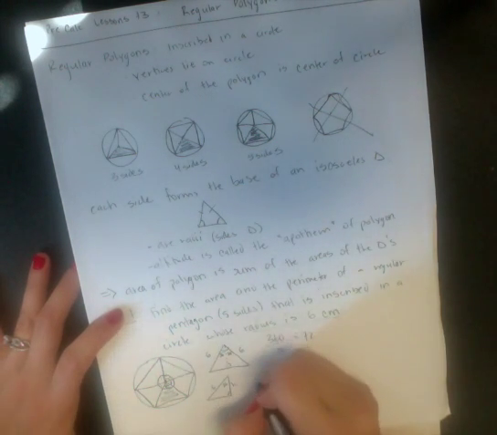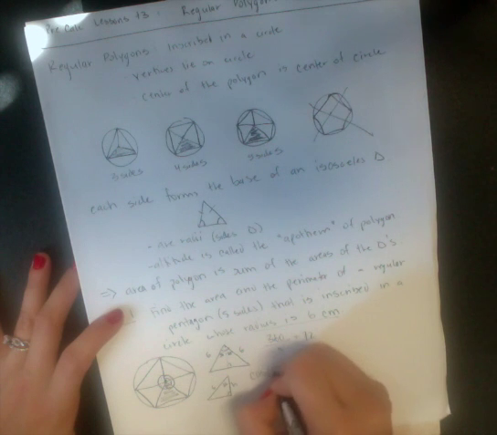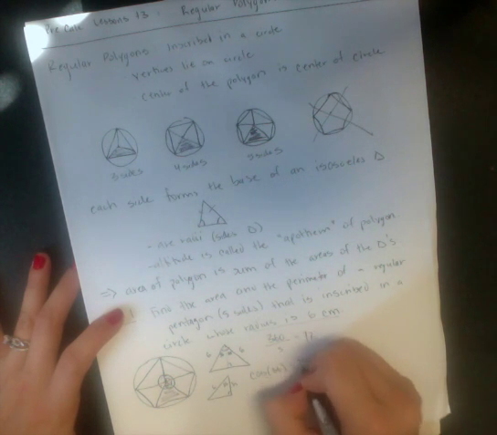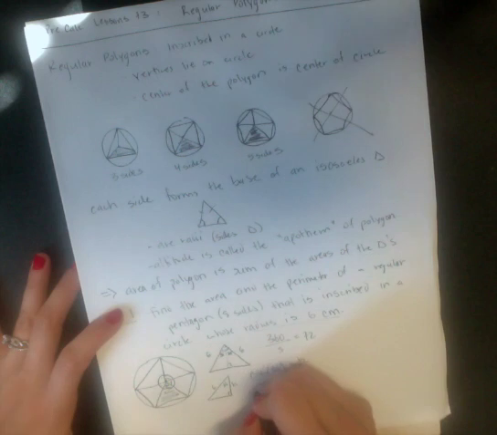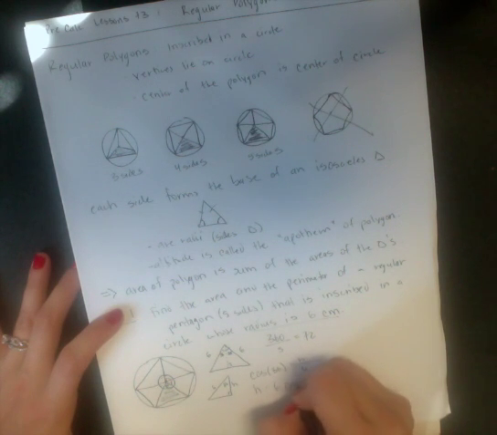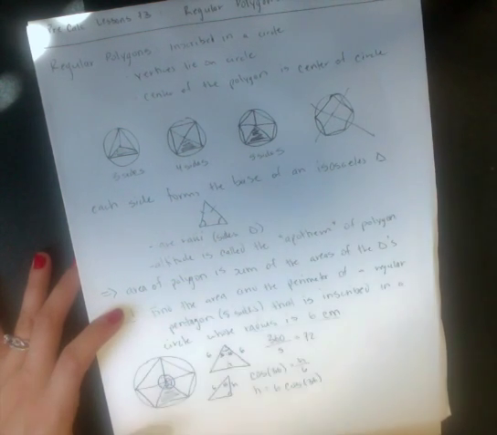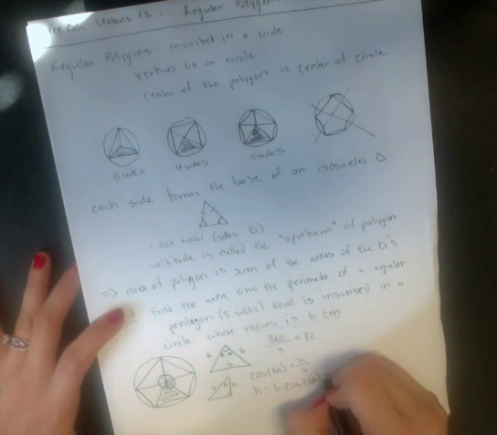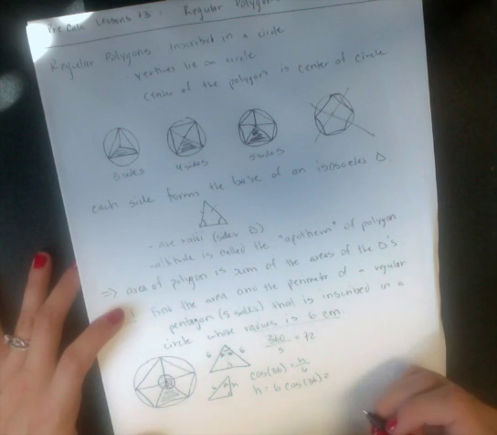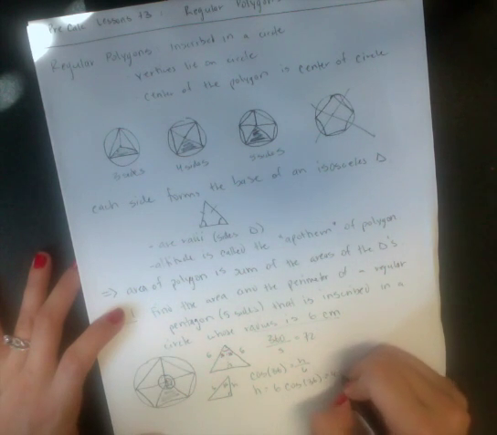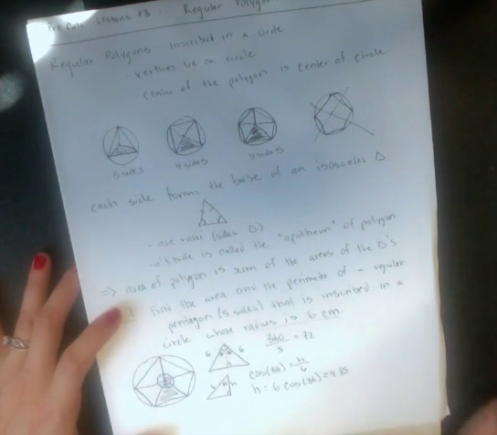And I can find h because I know that the cosine of 36 is adjacent over hypotenuse, so h is 6 cosine of 36, which gives me approximately 4.85.